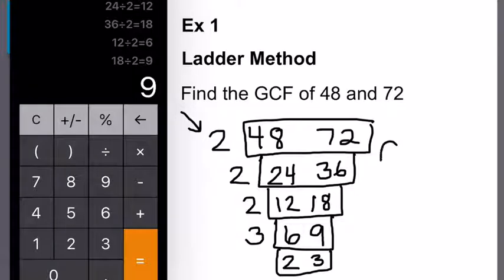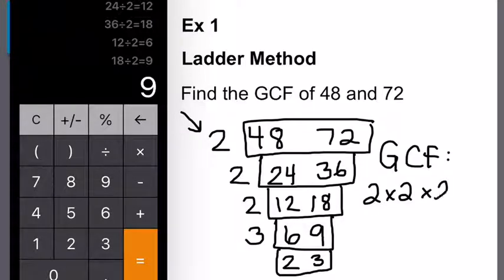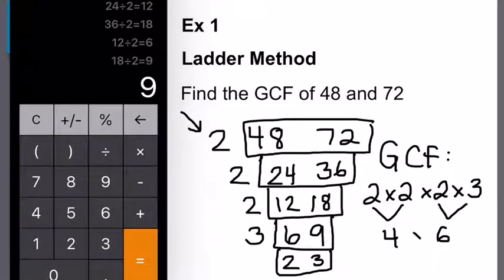So to find the GCF of 48 and 72, we are going to multiply 2 times 2 times 2 times 3. 2 times 2 is 4. 2 times 3 is 6. 4 times 6 is 24. So the GCF of 48 and 72 is 24.